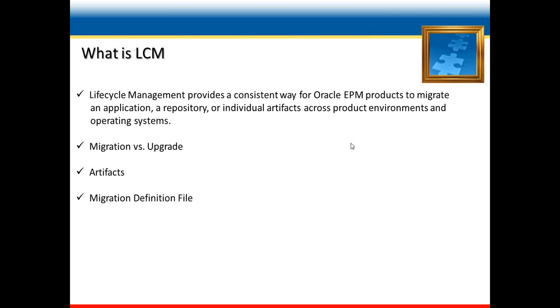When we say artifacts, it can be data forms, some scripts like calc scripts or reports, or some other files that are relevant to the application. So these are artifacts which are part of the migration.